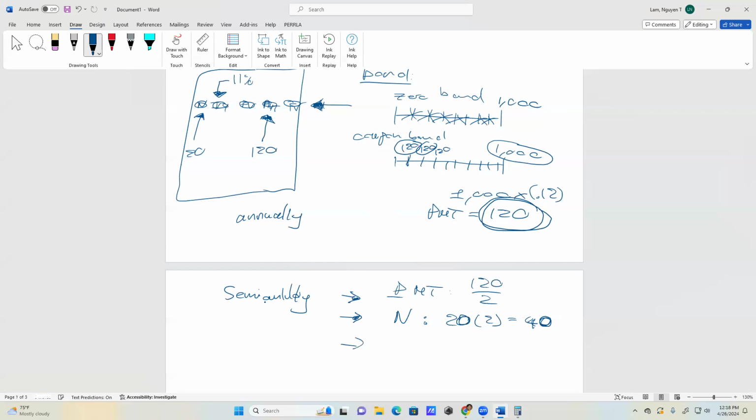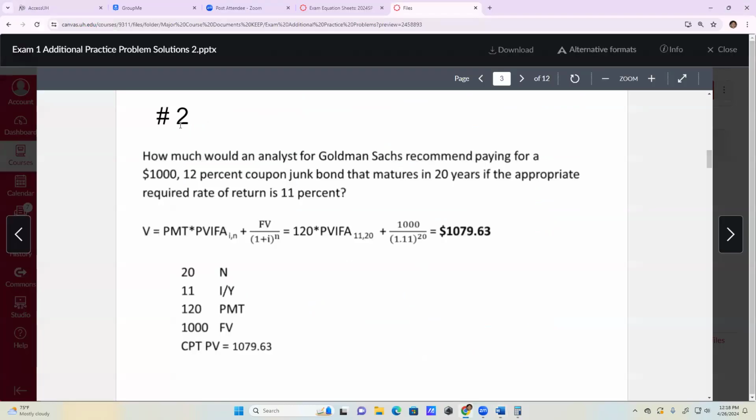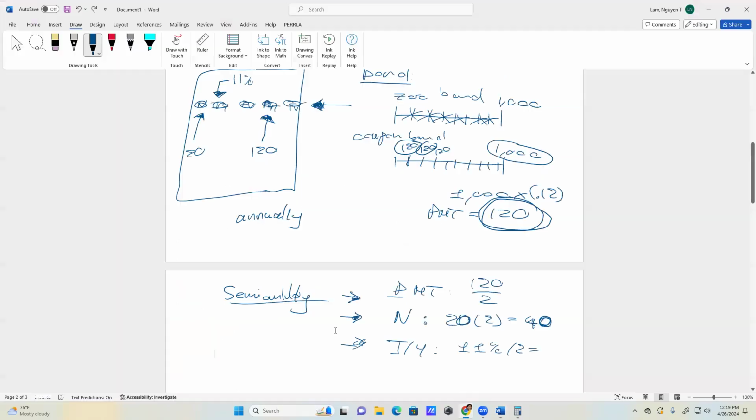What else? The I/Y. Okay. So the I/Y, you also have to divide by 2 because it's semi-annually. If it were to say quarterly, then you have to divide by 4, right? However, I think on the test, she would most likely go with annually, since it's the easiest thing possible.